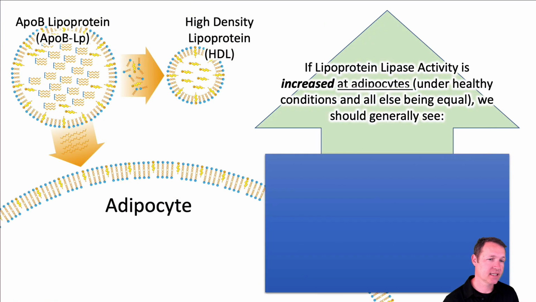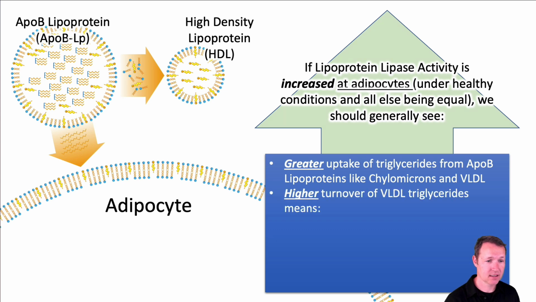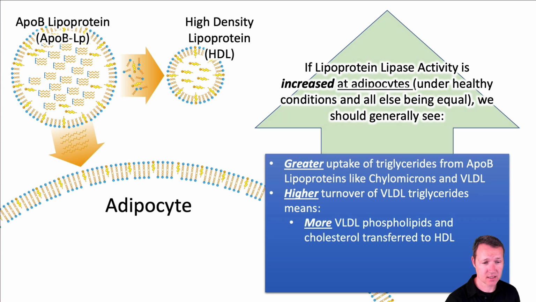Well, we can speculate that if lipoprotein lipase activity is increased at adipocytes under healthy conditions, and all else being equal, we should generally see greater uptake of triglycerides from ApoB lipoproteins like chylomicrons and VLDL, higher turnover of VLDL triglycerides, which means more VLDL phospholipids and cholesterol transferred to HDL, right?